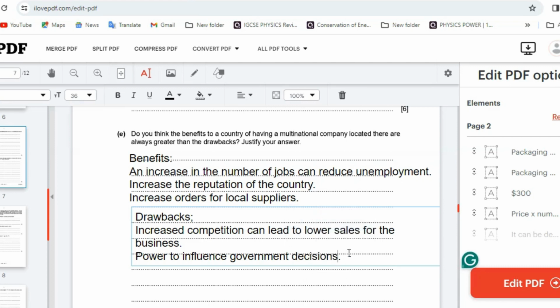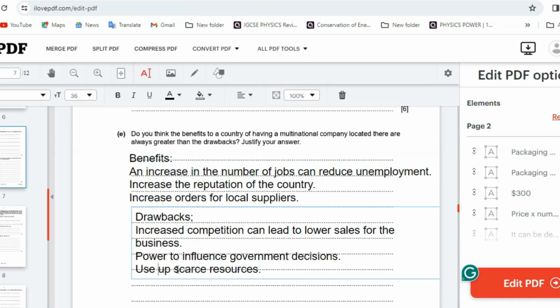Having a multinational company in the local country can also use up scarce resources. That is, fewer resources will be used for other products. Use of scarce resources.